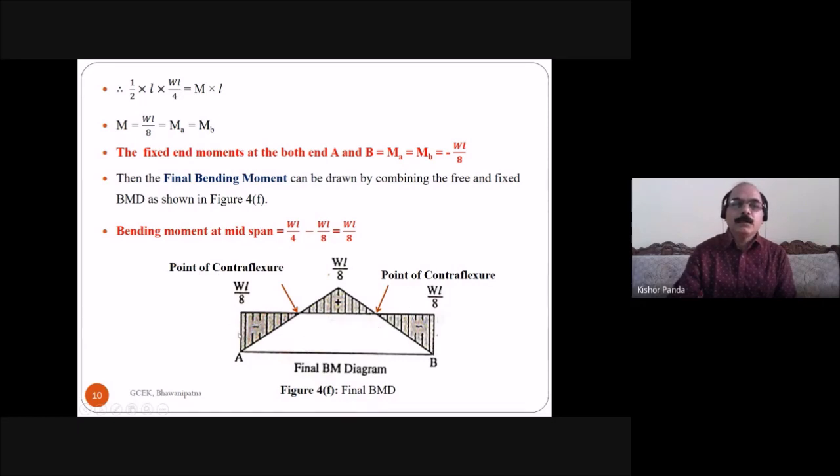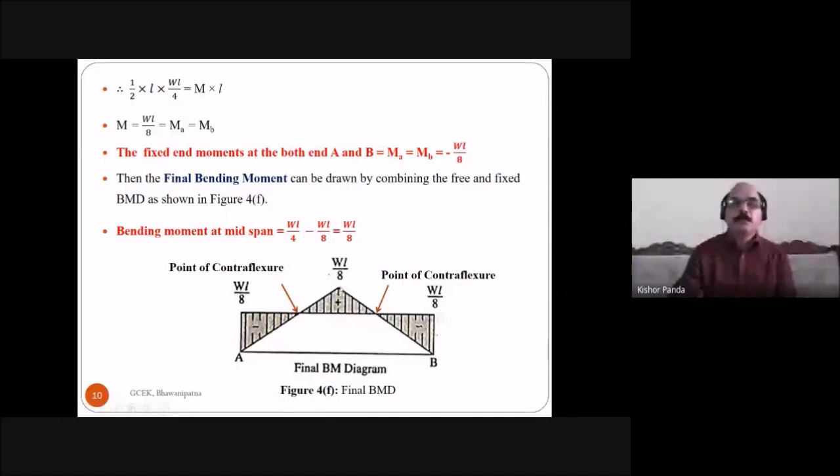And this ordinate, the maximum negative moment, is minus WL by 8. And what is the maximum positive moment? Because you know the total ordinate is WL by 4, and this portion is minus WL by 8. So from WL by 4 minus WL by 8, you get the maximum positive moment at the midpoint C. So the bending moment at midspan is equal to WL by 4 minus WL by 8, which is equal to WL by 8.